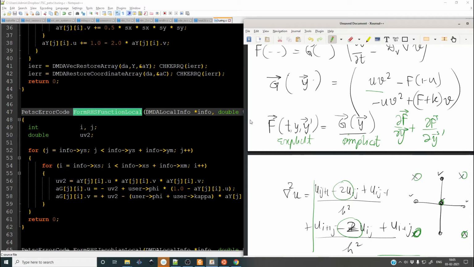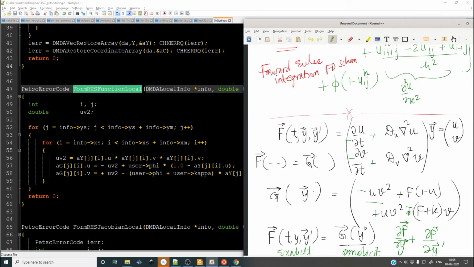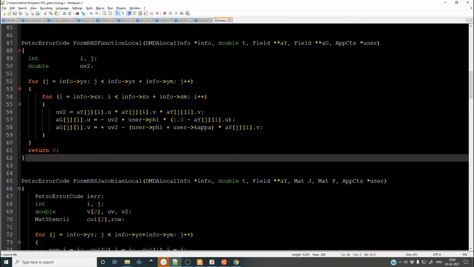Well, over here I think I have taken the negative sign, so it doesn't make any difference. Nothing is going to change. So it's minus uv squared plus 5 times 1 minus u, and uv squared minus 5 plus kappa times v. So this is obviously going to be f at j comma i comma v. This is how you form the RHS function.